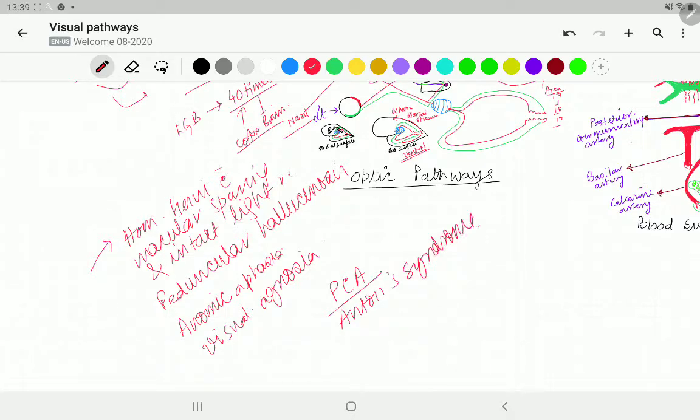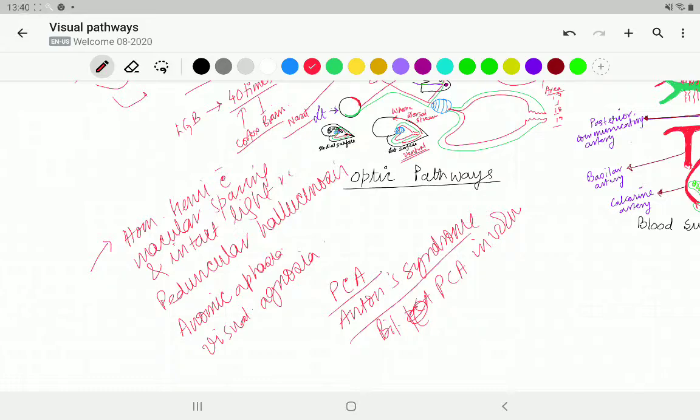This can happen in bilateral posterior cerebral artery involvement, where the patient has cortical blindness with intact light reflex. At the same time, the patient is unaware that they are blind. So they might appear confused.